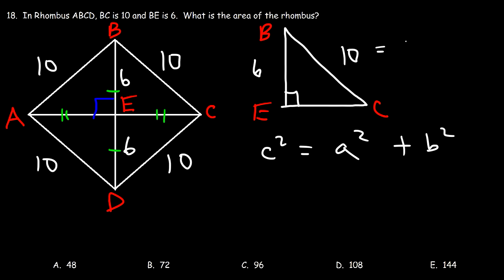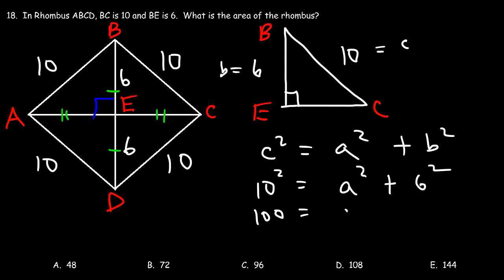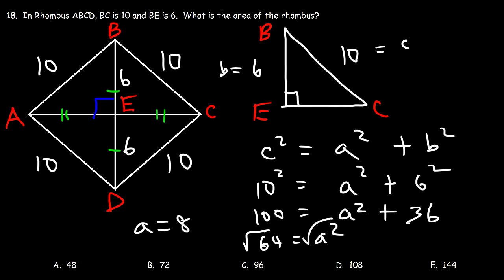C is the hypotenuse, which we'll call 10. And let's say that we're looking for A. A is EC. B is going to be BE. So B is 6. 10 squared is 100. 6 squared, or 6 times 6, is 36. And 100 minus 36 is 64. And then let's take the square root of both sides. The square root of 64 is 8.